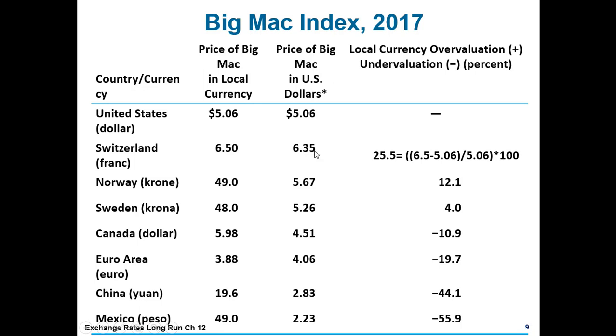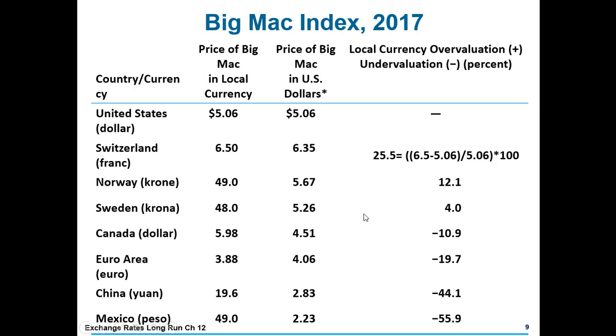But if the foreign currency price, when converted to dollars, is greater than $5.06, the US price, this difference, this part of the equation right here, is going to be positive. On the other hand, if it converts to a dollar amount which is less than this amount, when you do this part of the math, it's going to be a negative number because this would be 4.51 minus 5.06.